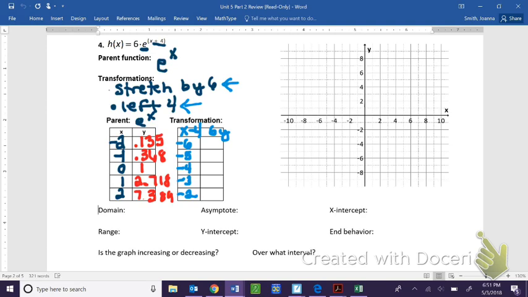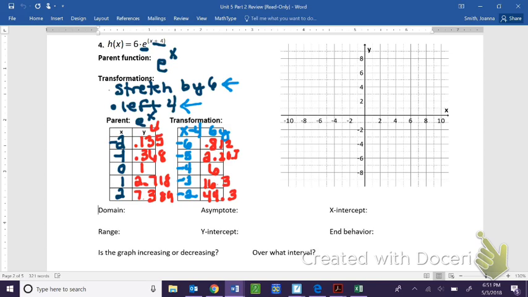For the y, we take all of our y values and multiply them by 6. So this will become 0.812, 2.207, 6, 16.3 and then 44.3. That function is increasing very rapidly.